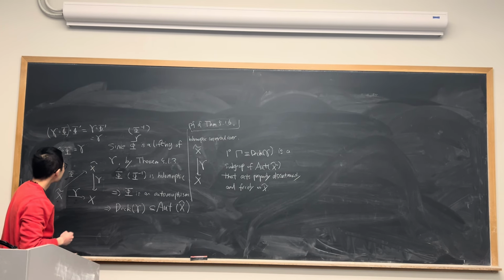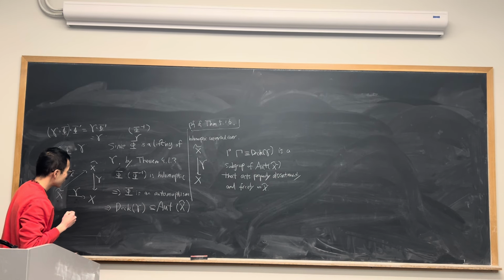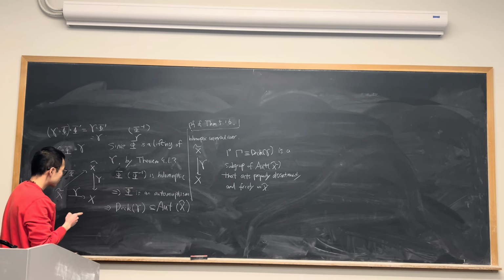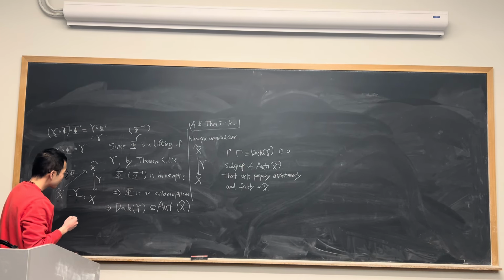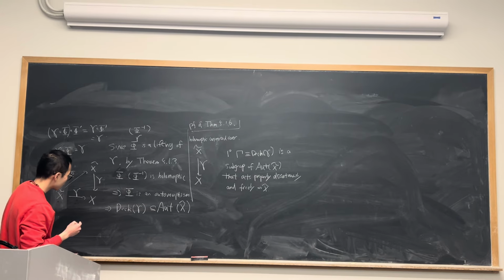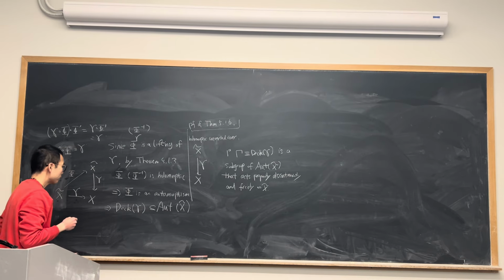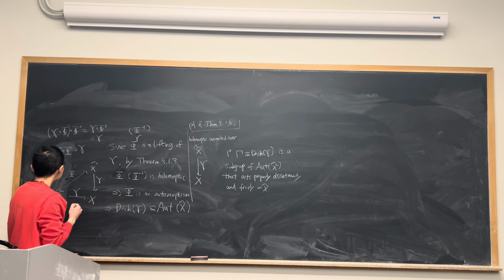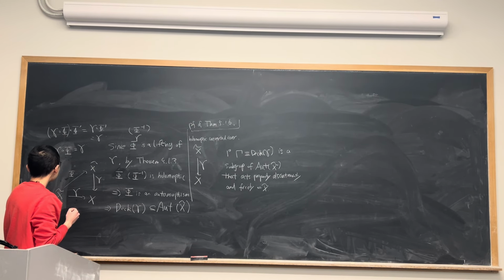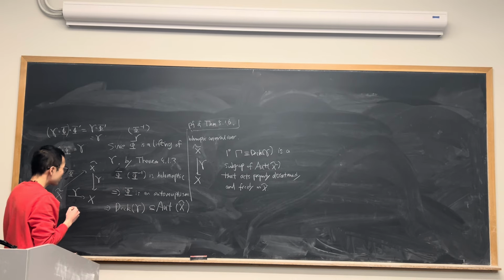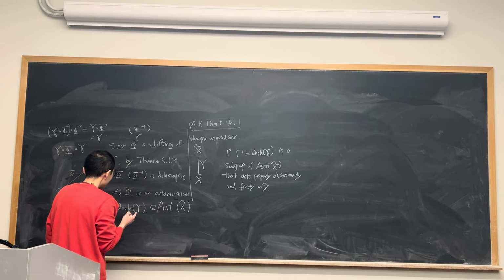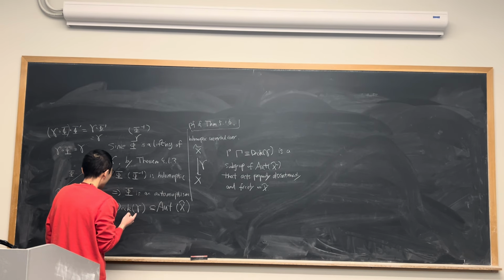That shows the other property: this element is definitely contained in the deck transformation group, because if you compose with the identity, you get back the same gamma. So I think it's a group.